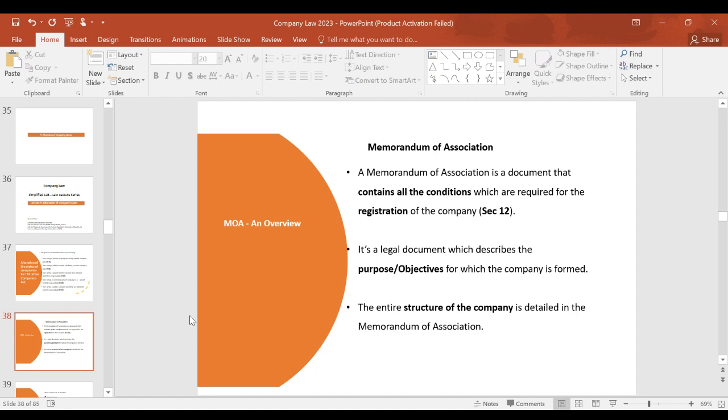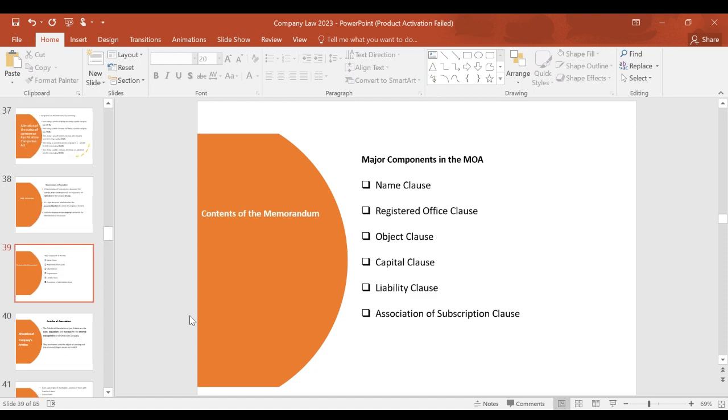The memorandum of association also lays down the entire structure of the company, what the company is going to do, and the objectives of the initial subscribers of that particular company. Now, what are the major components or the contents of the Memorandum of Association?